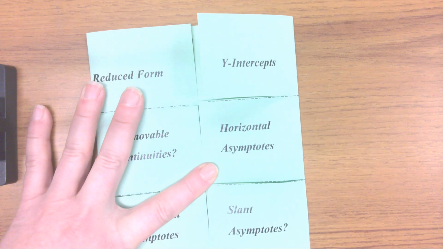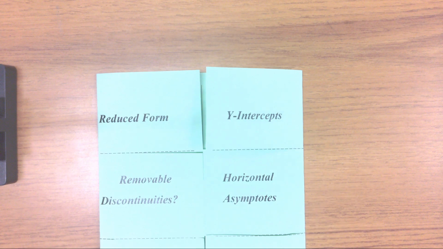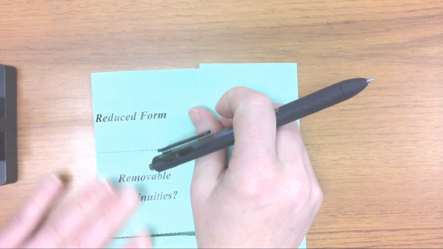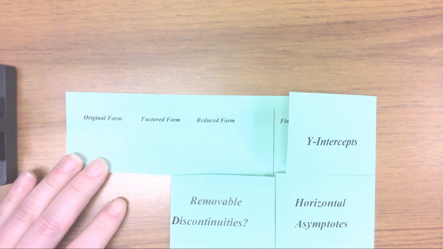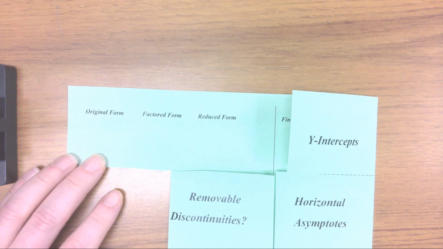All right, reduced form. First of all, I'm going to give you an example of something that's in original form, factored form, and then reduced form.